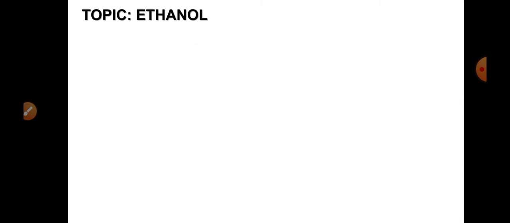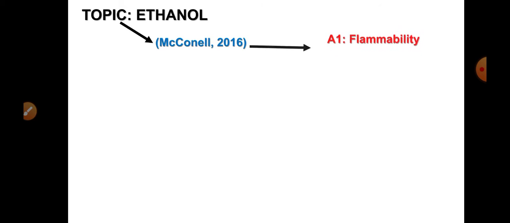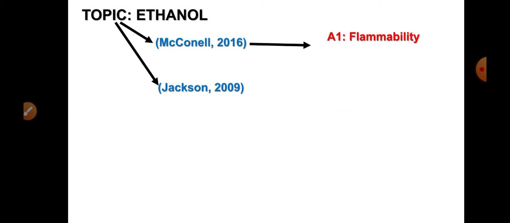So let's test our ethanol in terms of its flammability. Earlier we indicated that flammability is one of the measurable variables to test the effectiveness of ethanol. And you found out that a certain ethanol product can burst in flames up to 60 seconds.